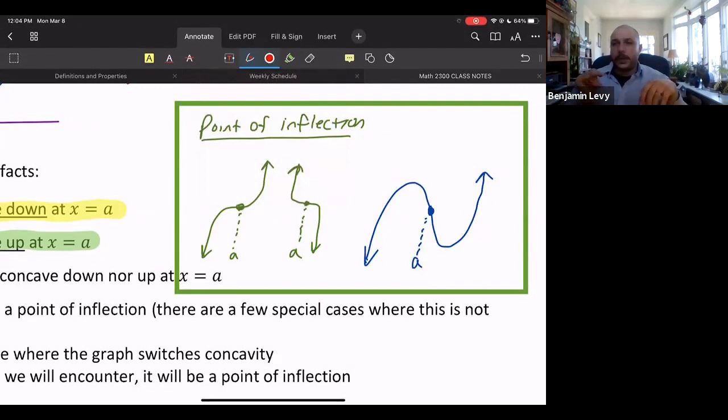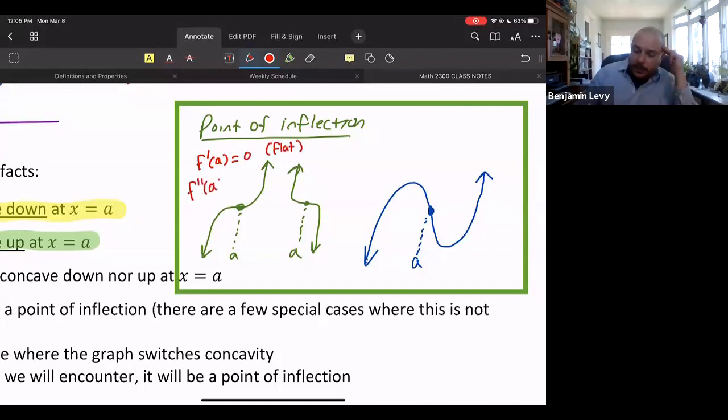The question is about how each of those three graphs that are on the page right now are points of inflection. We've changed the curvature at those points. The thing that I think is important to note is that on the places on the left, the first derivative is 0 because it's flat, and the second derivative is 0 because it's an inflection point.